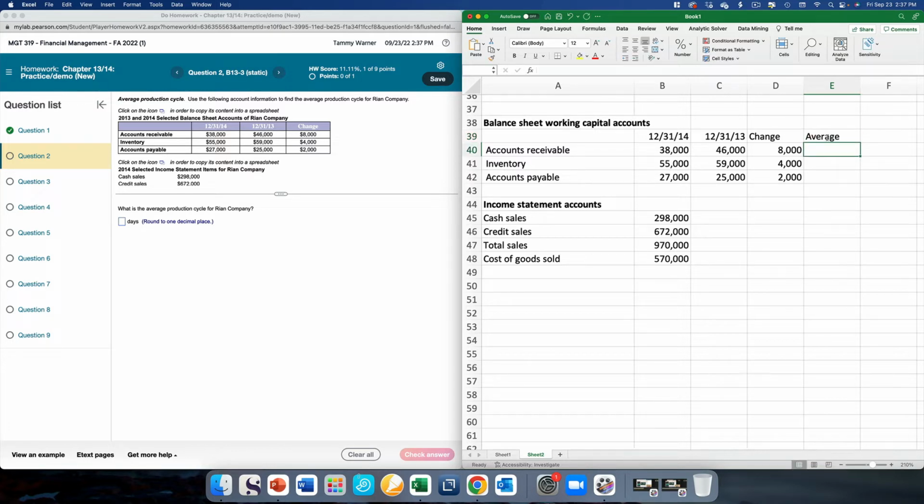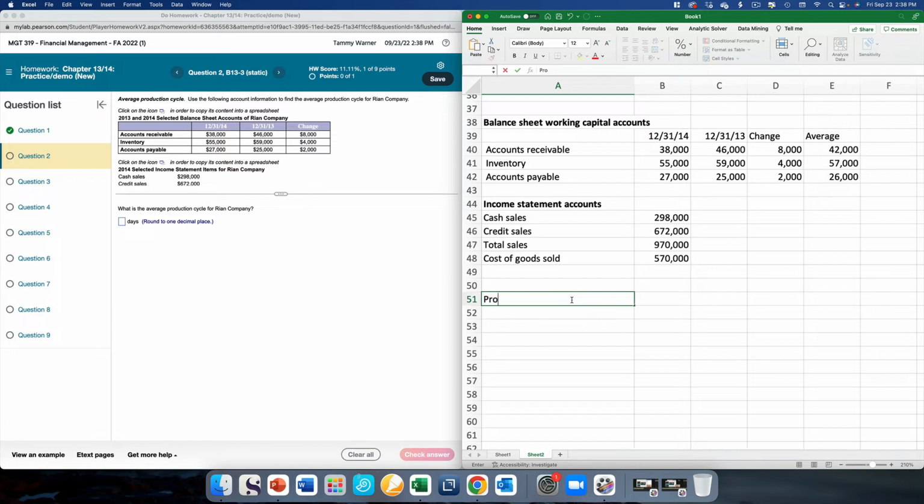And we can either add these 2 and divide by 2, or we can invoke the average function, which you would have seen in the beginning Excel work that I had you do. All right, so it's just the 2. Don't be taking the average of all 3 columns. Okay, there we go.